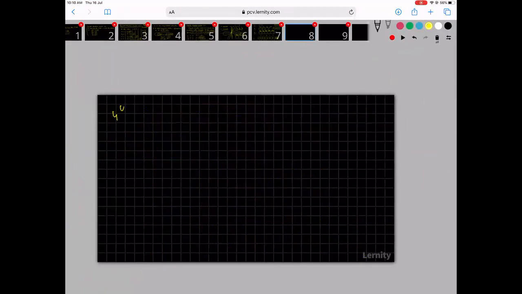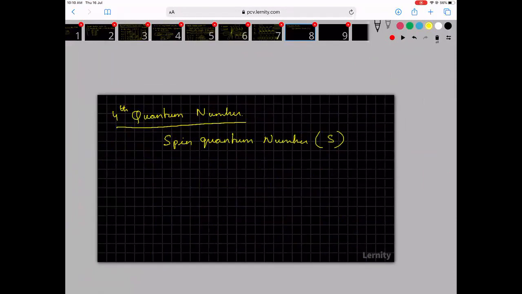Now the fourth quantum number. The fourth quantum number is the spin quantum number, represented as S. Every electron is associated with a spin.